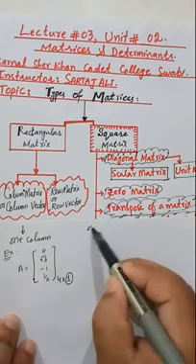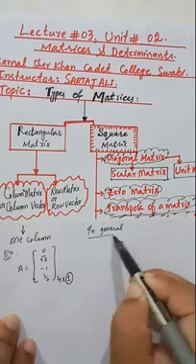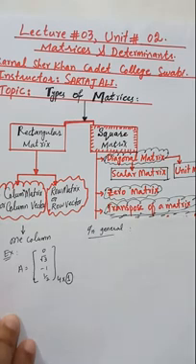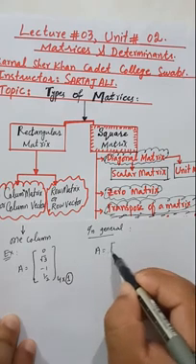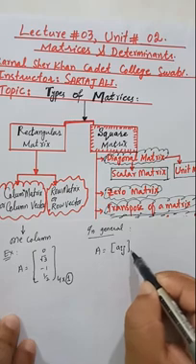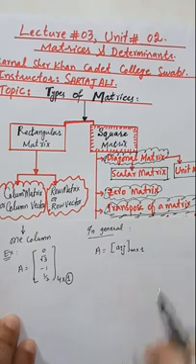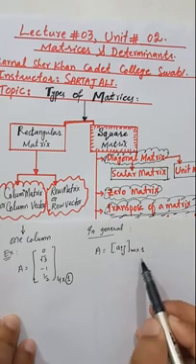In general, how can you write a column matrix? In general, we write it like this: m cross 1. The 1 represents the number of columns.